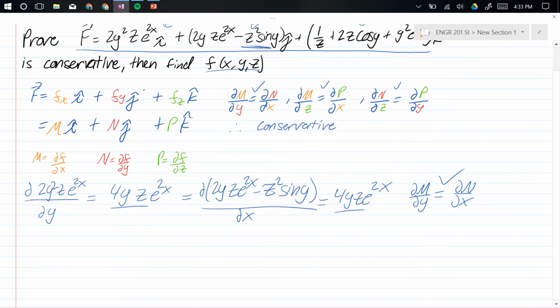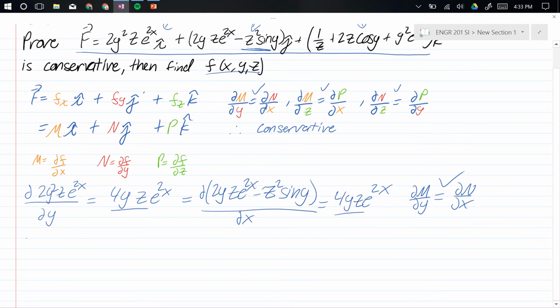Then we do the partial of n with respect to z. So the partial of 2y squared z e to the 2x with respect to z equals 2y squared e to the 2x, as z just goes to 1.